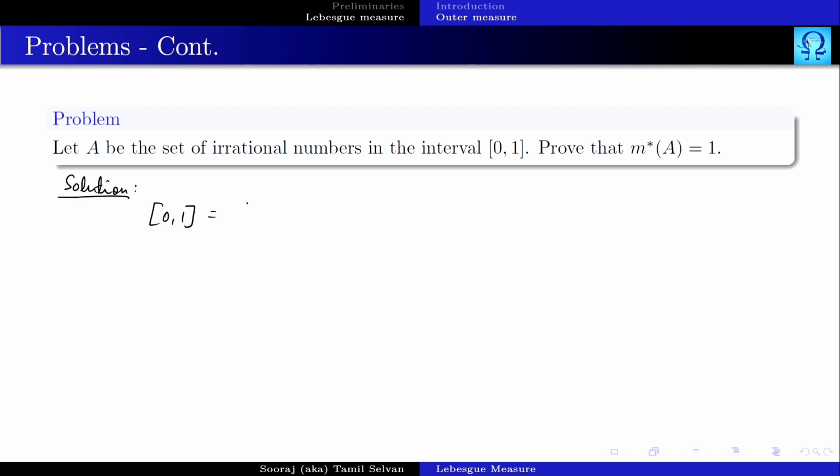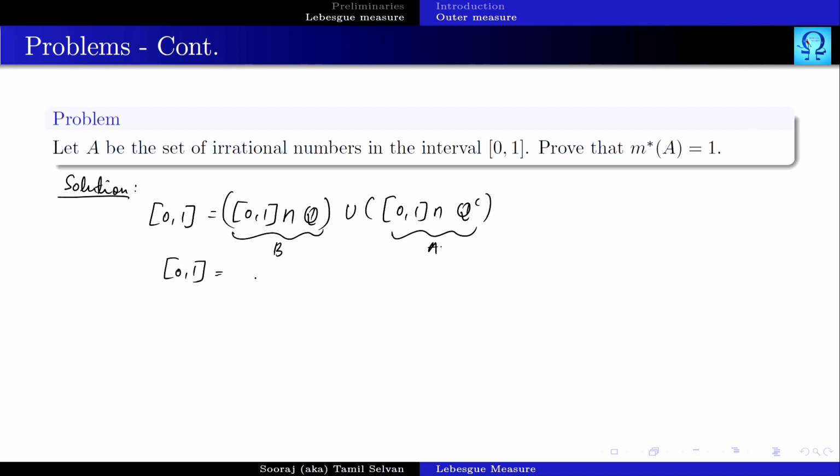So [0, 1] may be written as this interval intersection Q, which I take as B, union this interval intersection Q complement, which is A, only the irrational numbers. So [0, 1] is the union of these two sets, where B and A are disjoint.